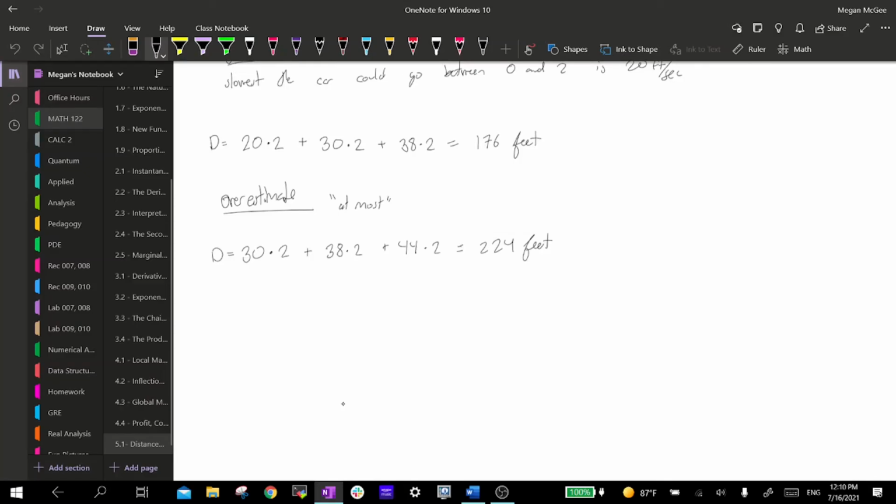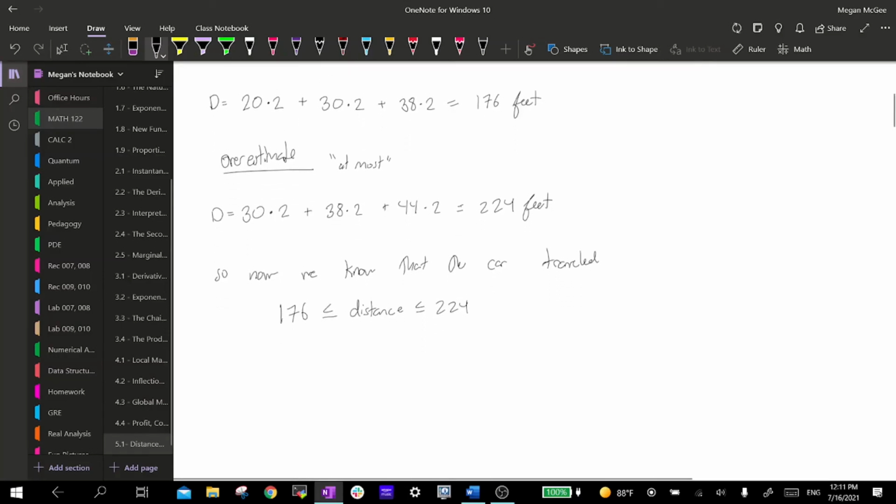But at least now we know that the car traveled at least 176 feet and at most 224 feet. If we wanted to make a better estimate, we could actually take the average of the two.